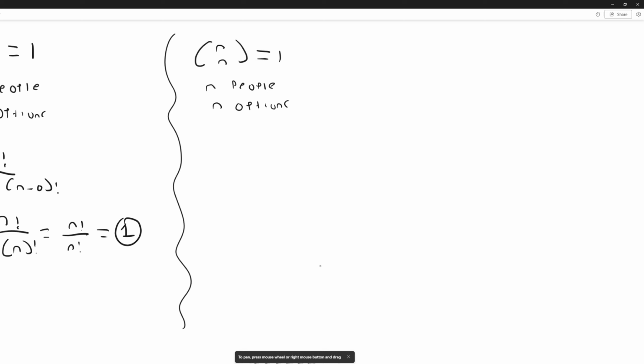So let's say, okay, here you go. Again, you are a manager, and you have these 3 people that you want to pick to go into Chelsea. And you decide to pick all of them, because they're all pretty good. So you have n people, so 3 people here, and you also have 3 options, right?